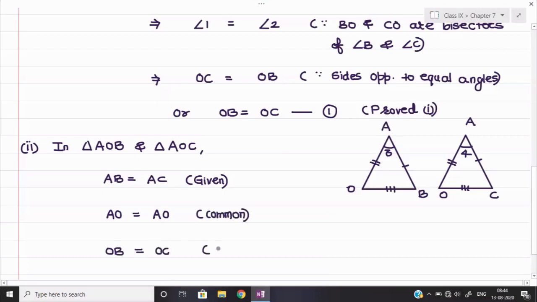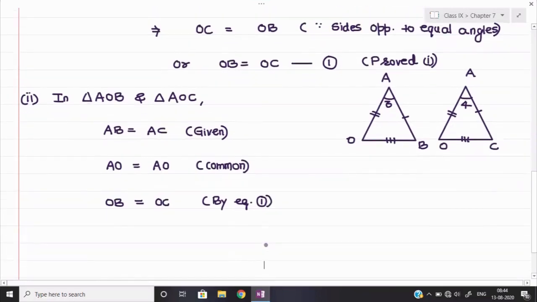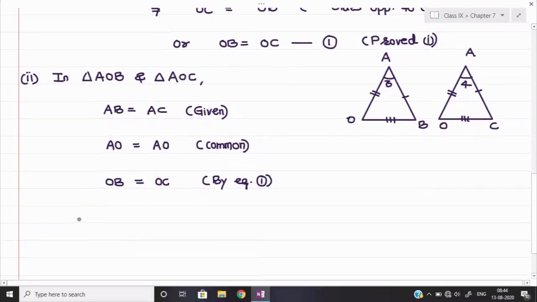OB and OC are equal. That is with the help of equation number 1. Okay. So now we can say that therefore triangle AOB is congruent to triangle AOC.